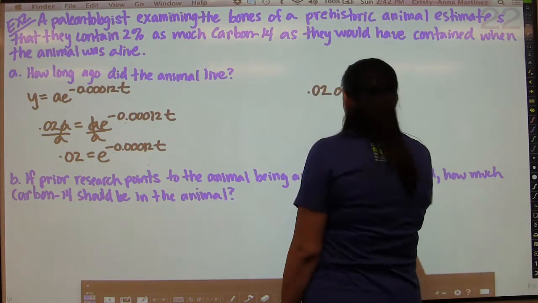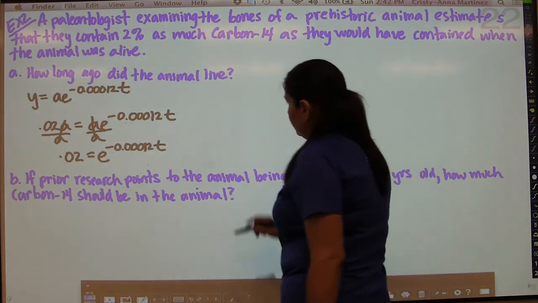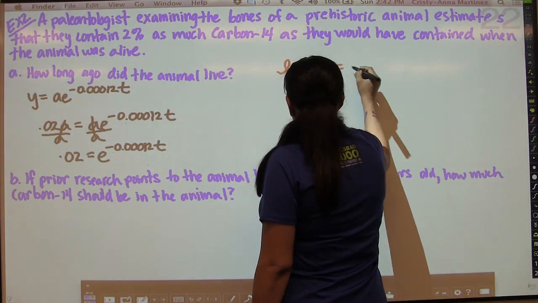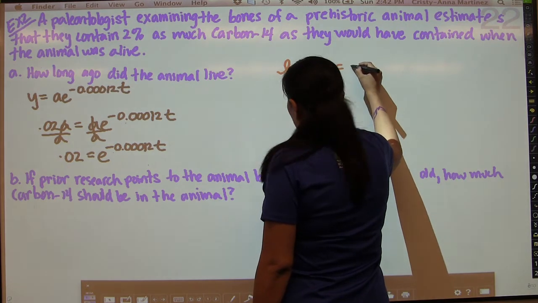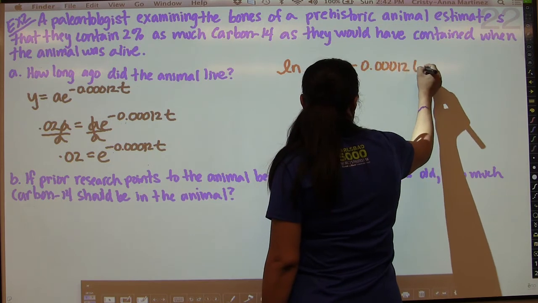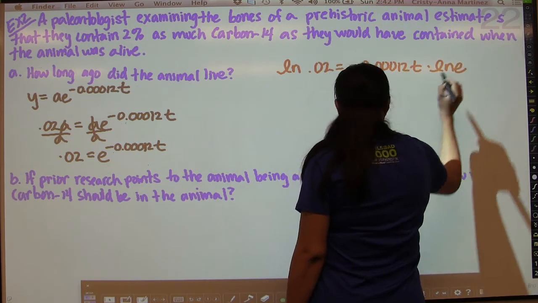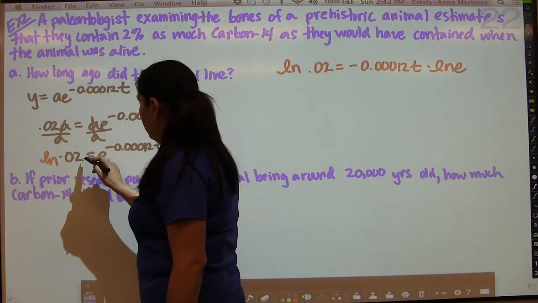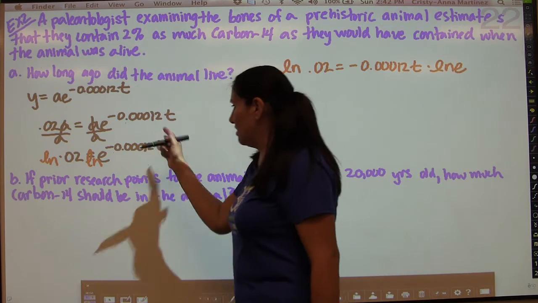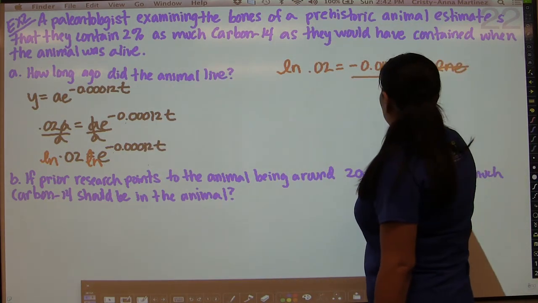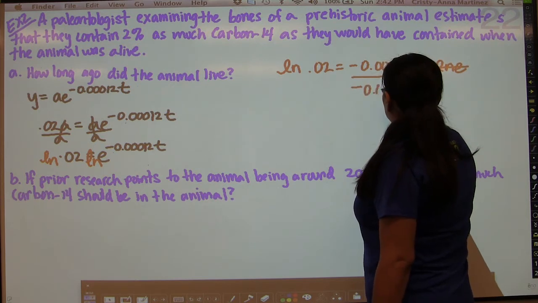So that's going to give us ln of 0.02, and then negative 0.00012t times ln e, because remember that when I take the ln of both sides, I'll put an ln there and an ln there, the exponent's going to come in front, ln e is going to cancel, and now we're going to divide by negative 0.00012.